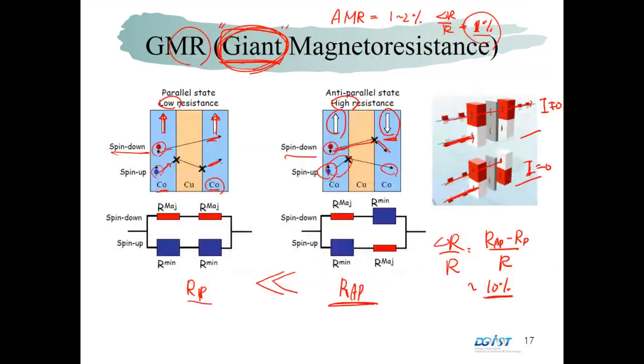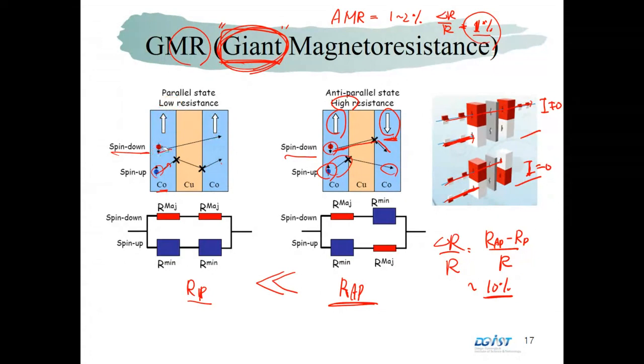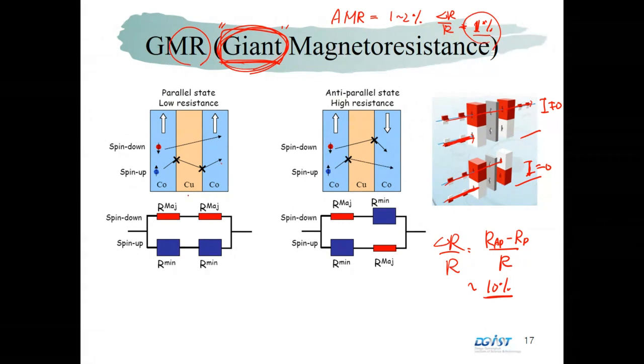And here, one more thing. How could they discover this GMR? Such a layer structure is very simple, but why could nobody find such a simple phenomenon? The reason is that the thickness of the copper layer must be less than the spin diffusion length, so it should be on the order of nanometers.